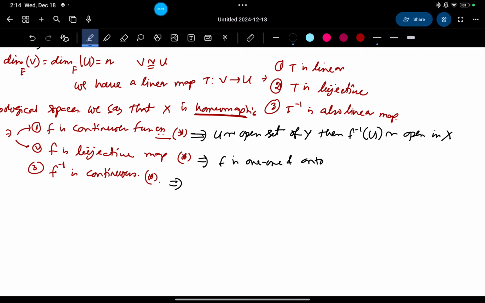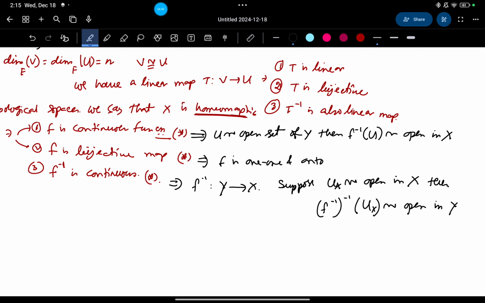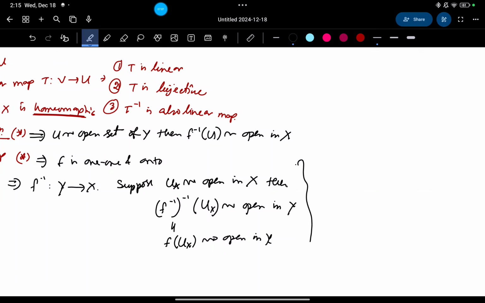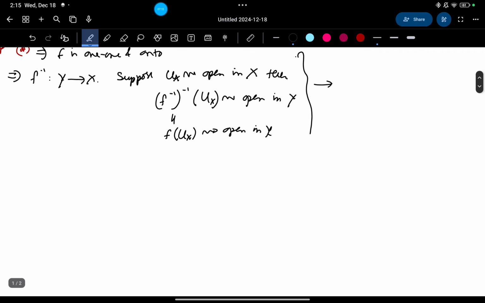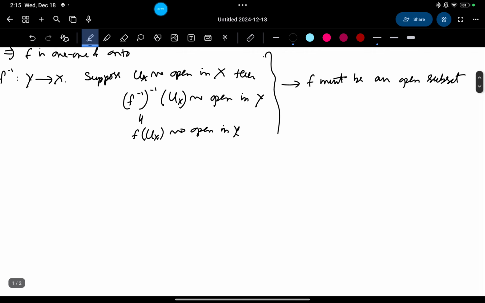You see that f inverse is defined from Y to X. So suppose we take any open set, let's say U_X, open in X, then the inverse image of U_X under f inverse is open in Y. Now as f is bijective, f inverse exists, and this inverse image is nothing but f of U_X, which is open in Y. So that means this criterion implies that f must be an open map. So all these three properties are there.